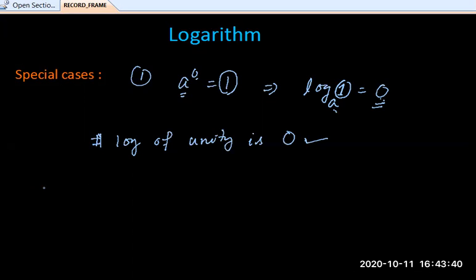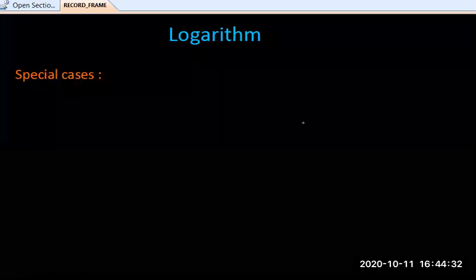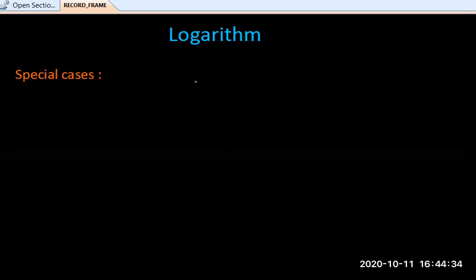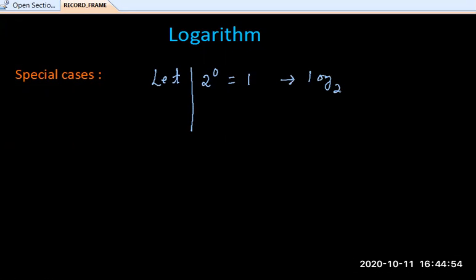Second case, case 2. Another case we are taking: 2 to the power 0 is equal to 1, obviously. Then log base 2 of 1, the logarithm of 1 base 2, is equal to 0.